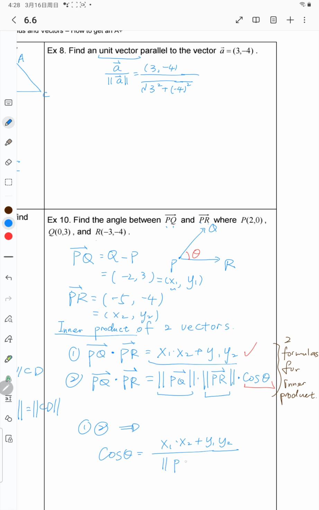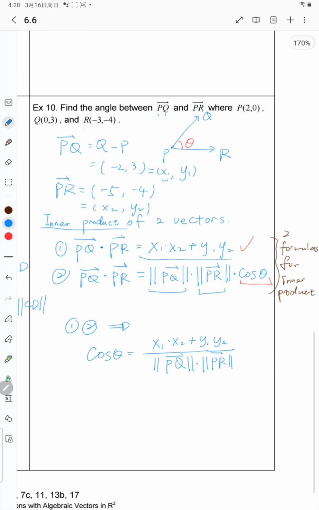So this is PQ, and this is PR, this vector, right? And then we get the cosine theta, and the norms of PQ and PR are just the square root of the coordinates squared. So PQ will be the square root of (-2) squared plus 3 squared, right?